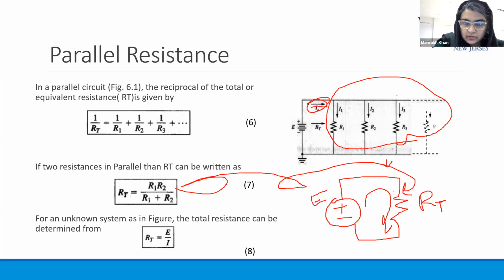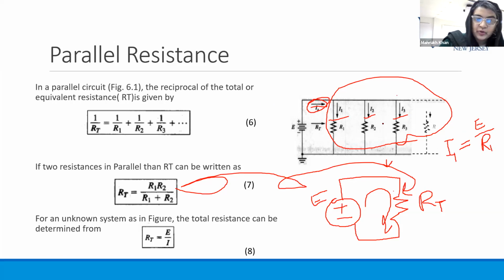Understand? Yeah. Okay, so how you're gonna find these I's, right? So we can find these I's like I1, let's say, is E over R1, right? Similarly, I2 will be like that.